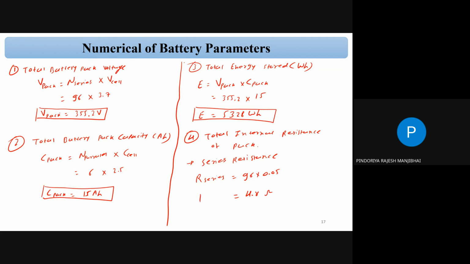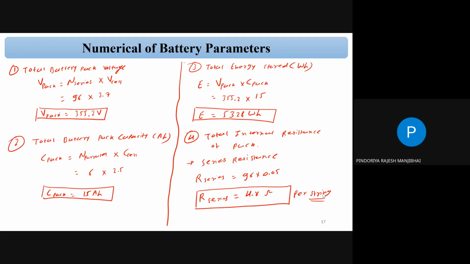This is per string, because all cells are connected in series, so this is the per string R series resistor.